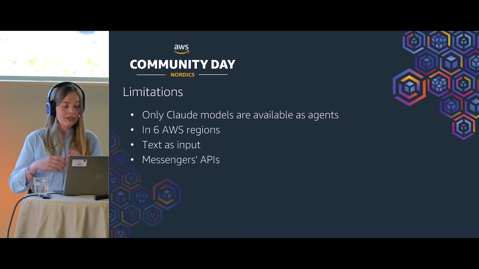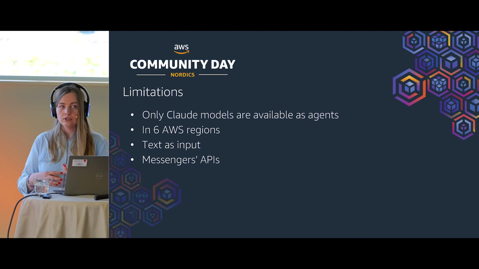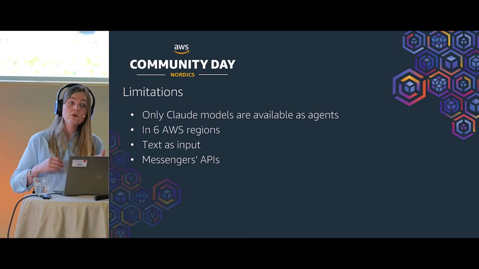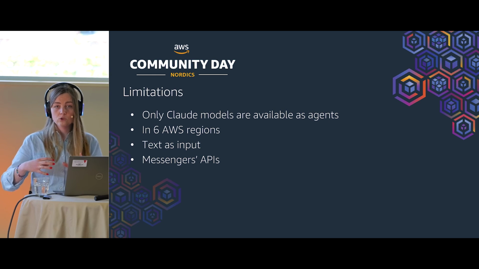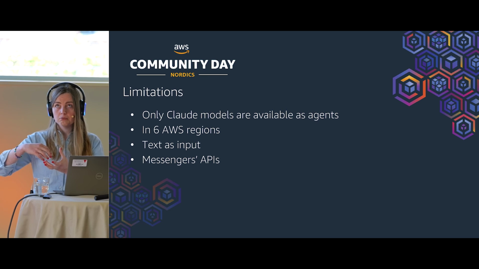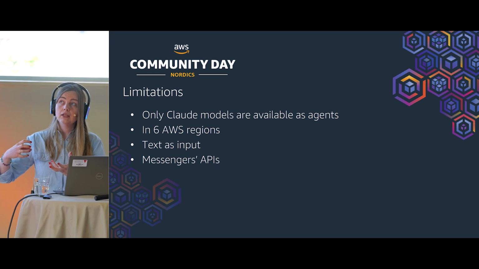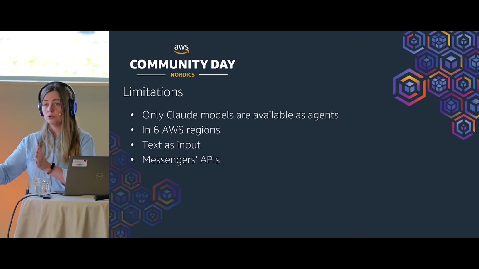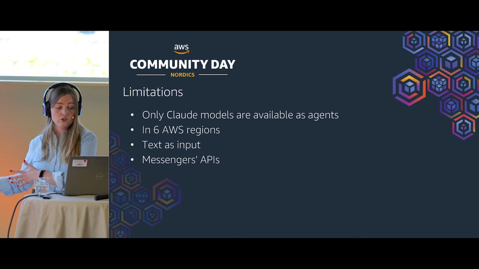And by its nature, an agent can accept only text as input. Yeah, if you want a multi-modal input, there is still a way to give it. For example, if you integrate your agent into some external application, it can take audio as input, translate this audio to text, and then give it to the agent.